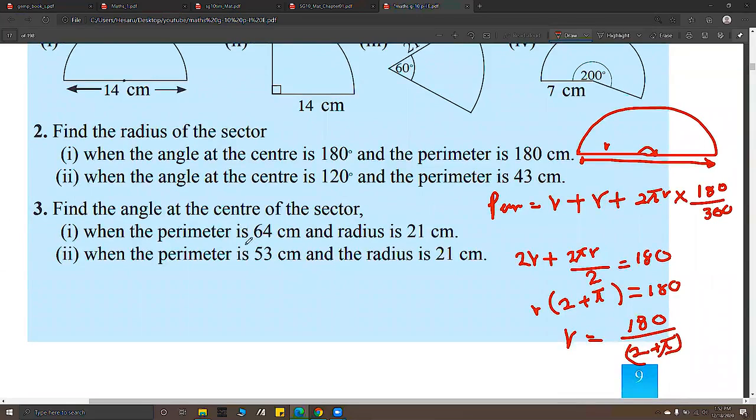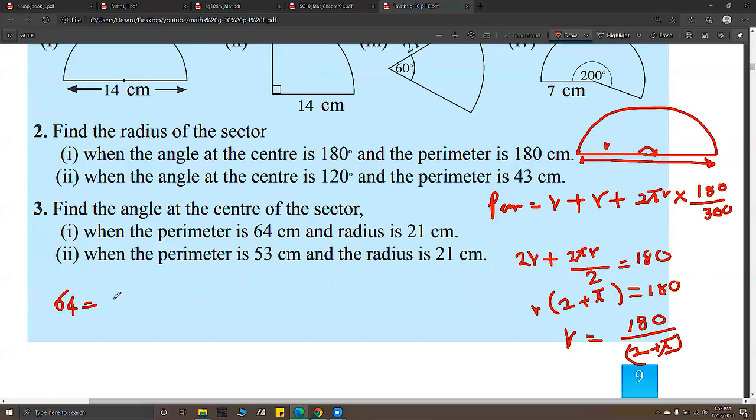This is also another thing. Now the unknown one is theta. When the perimeter is 64, you know the perimeter is 64, and the radius is 21 centimeters. 21 centimeters means this is 21 and this is 21.